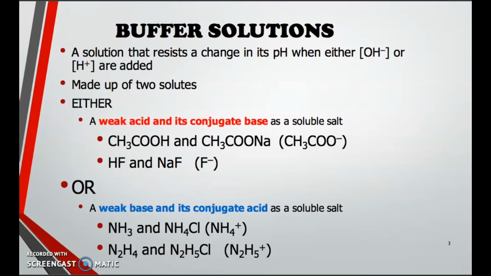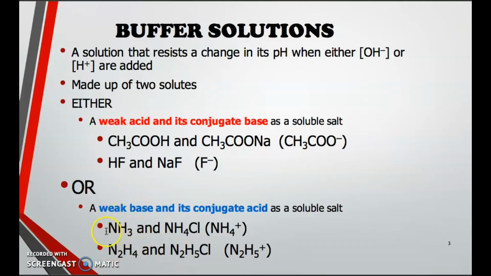Buffer solutions: a solution that resists a change in its pH when either hydroxide ion or hydrogen ion is added. It is made up of two solutes, either a weak acid and its conjugate base as a soluble salt, such as acetic acid and sodium acetate, and hydrofluoric acid and sodium fluoride, or a weak base and its conjugate acid as a soluble salt.